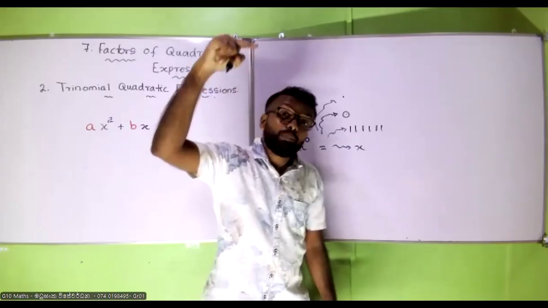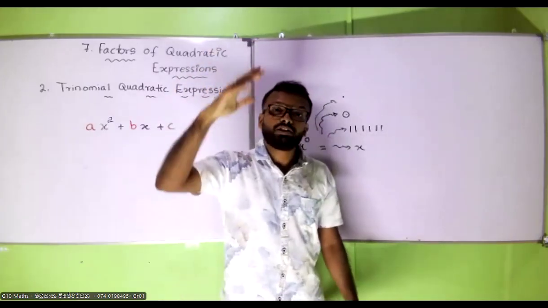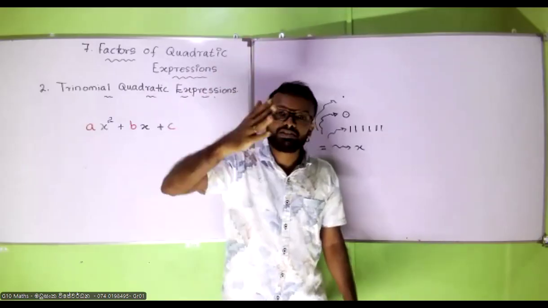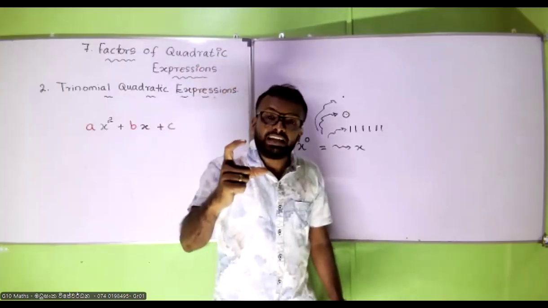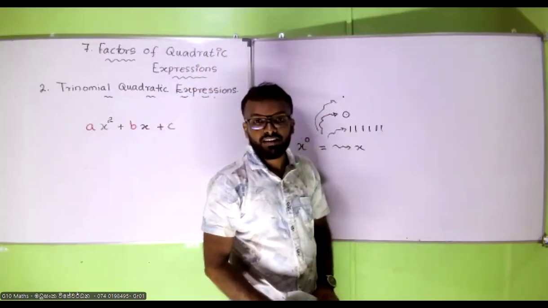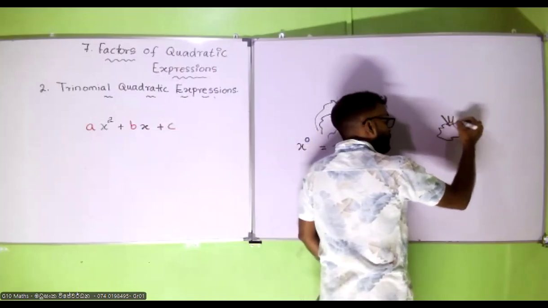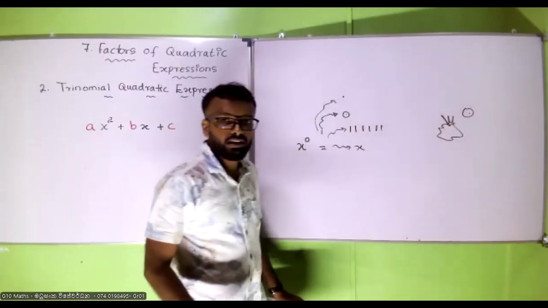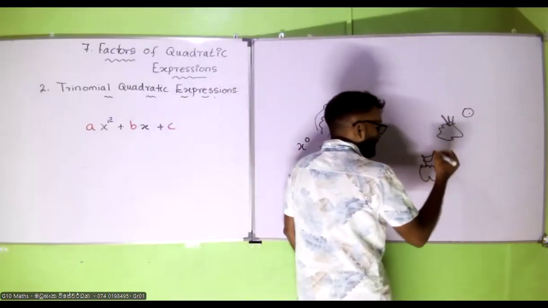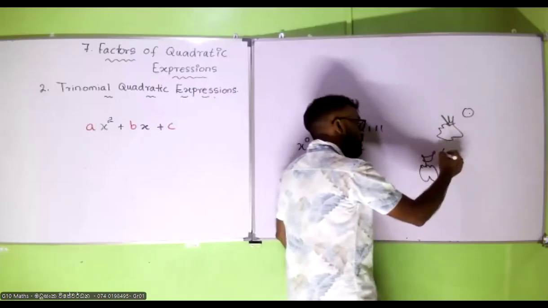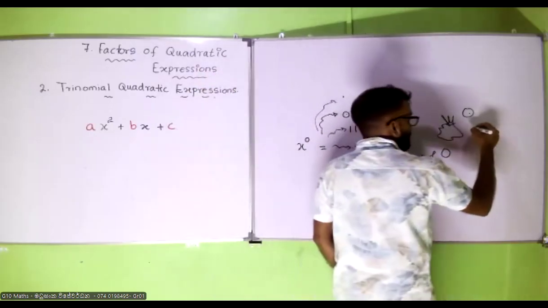If you were in my paper class in grade 9, I have told this for the 15,555th time. Anything to the power 0, whether it is a pineapple or an apple, to the power 0 is equal to 1.